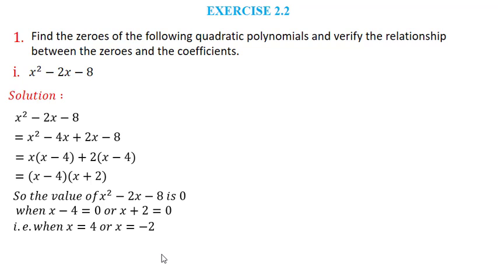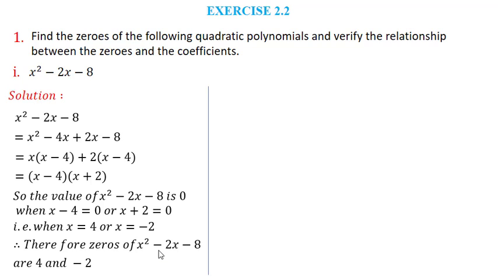Now I have to verify the relationship. So for verifying relationship, first I have sum of zeros. Now sum of zeros, that is 4 and minus 2. So sum of zeros is 4 plus minus 2, that gives me answer 2. And in the last slide we have seen that sum of zeros is minus b by a, that is minus coefficient of x upon coefficient of x square.